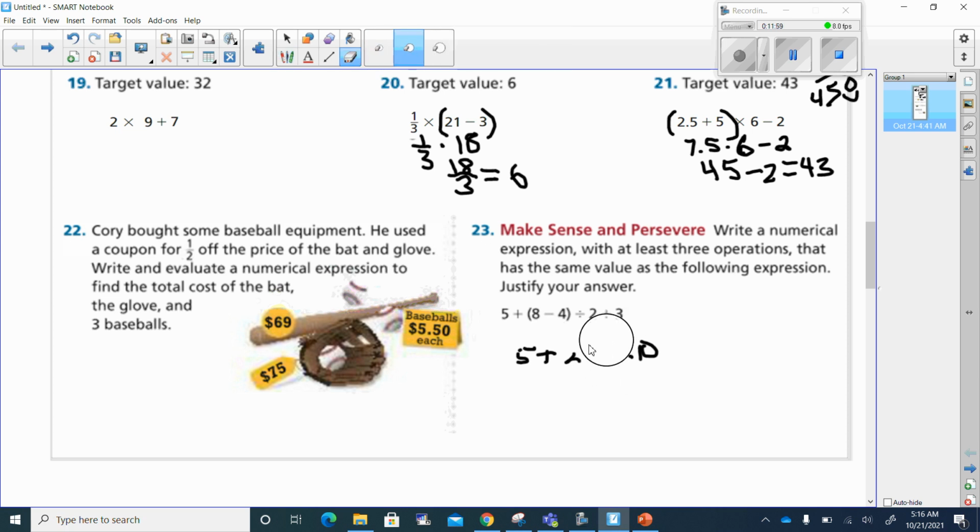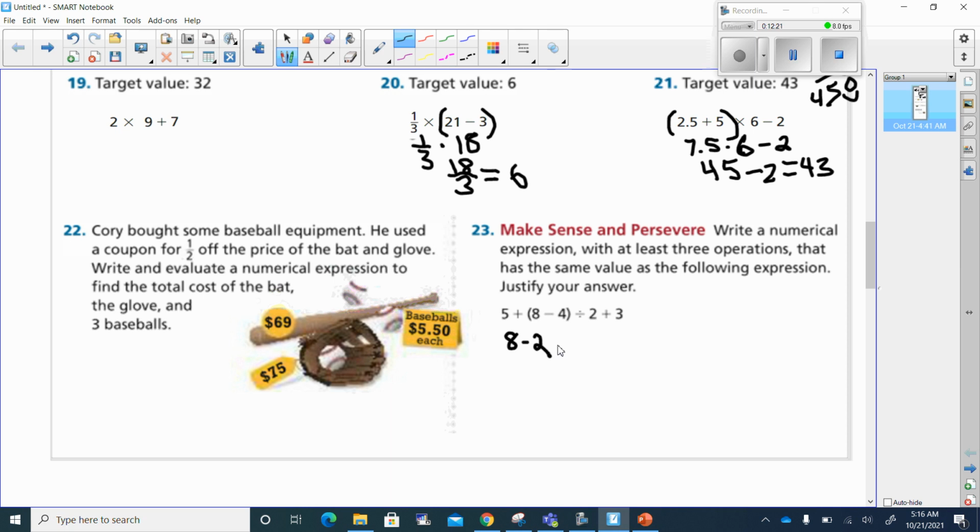All right. So let's try this one. I can say, let's see, 3 operations. Well, 8 times 2, that's 1 operation. That would give me 16.